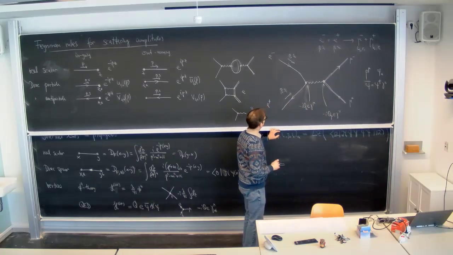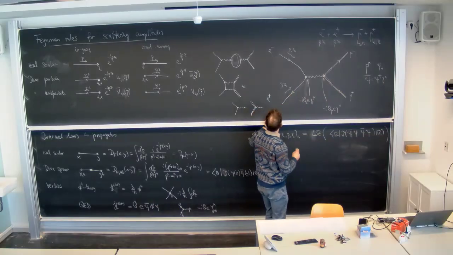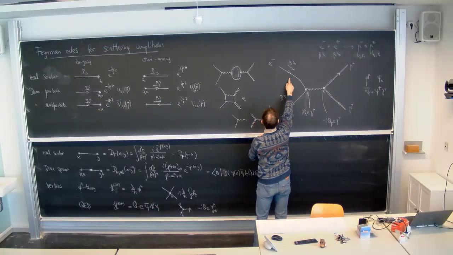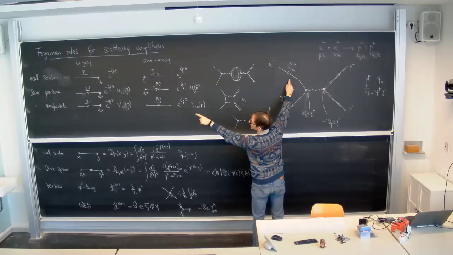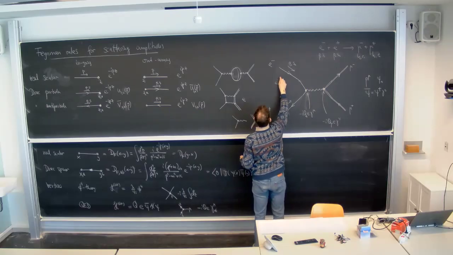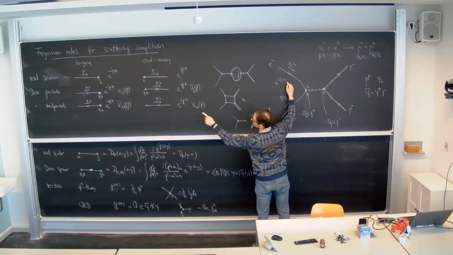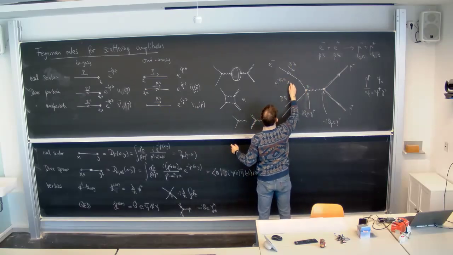And now I have to write this all together. What is this line giving us? Incoming particle below is this thing. So this will be e to the minus i p1 times z, times u s.